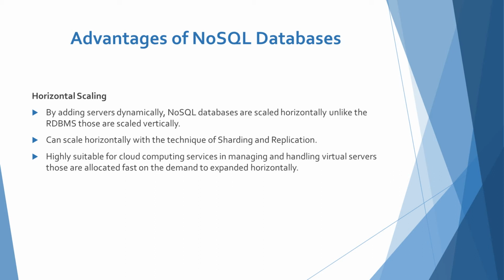Highly suitable for cloud computing services in managing and handling virtual servers, which are allocated fast on demand to expand horizontally. Cloud computing services use this horizontal scaling feature. Actually, in cloud, what will happen? Any customer will come and ask for some VMs. Then how do they give the VMs?